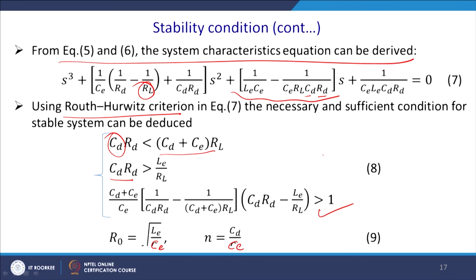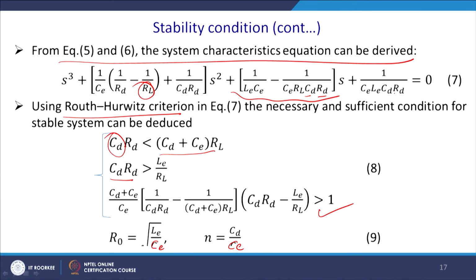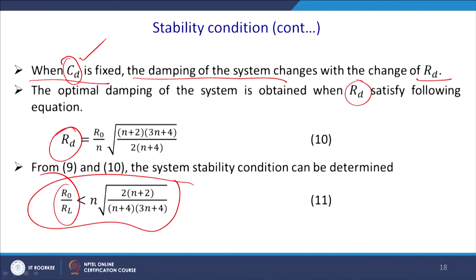Students should be very much aware of converting the state space into the transfer function, then you get the criteria, and you see what the stability of the system should be by equation number 11. In the next class we shall see active damping maybe, and some other cases of passive damping.